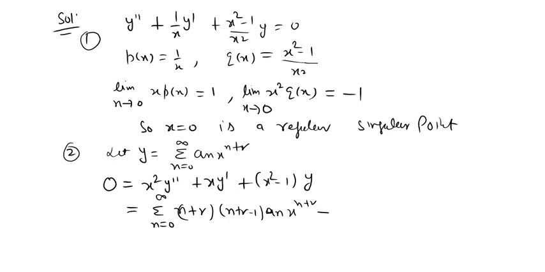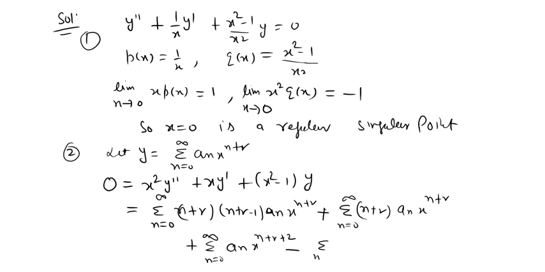Then x y dash: (n plus r) a_n x^(n plus r). This is x y dash. Then x square y, so you need to add 2 in the power: x^(n plus r plus 2). Then minus y, a_n x^(n plus r).